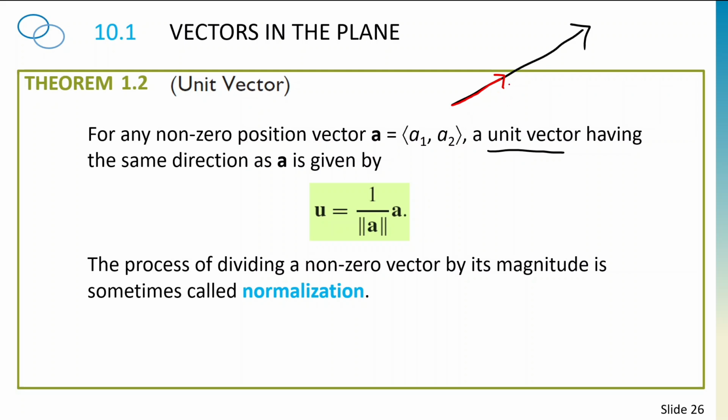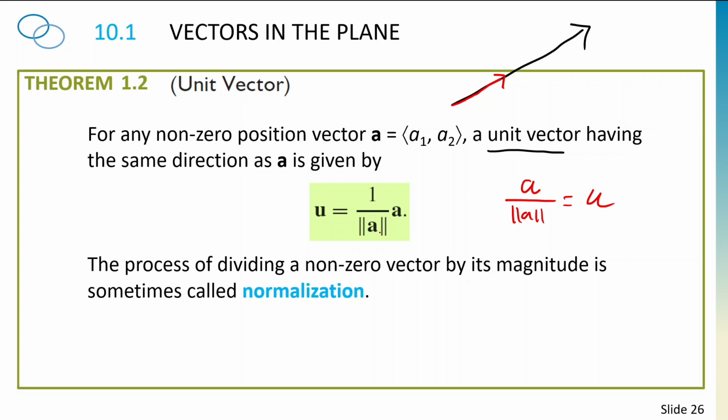How do we do that? It's an easy way. I take the full vector a and I divide it by its magnitude. If you divide any vector by its magnitude, you always get a unit vector, which we'll call u. Okay, so this stands for unit vector. So remember always, if you divide any vector by its magnitude, you'll get what?